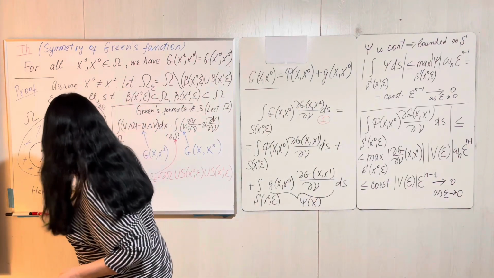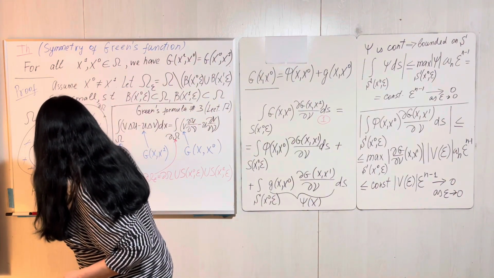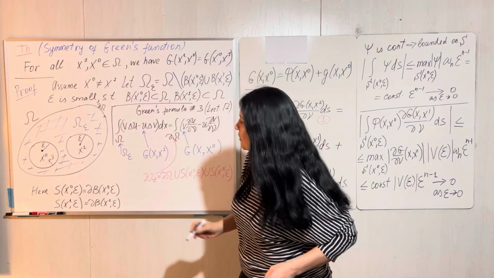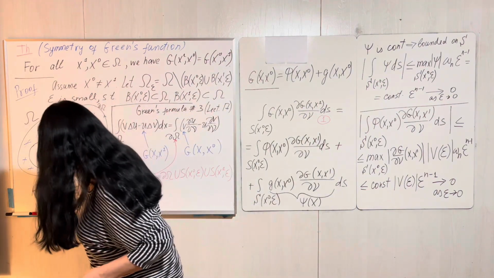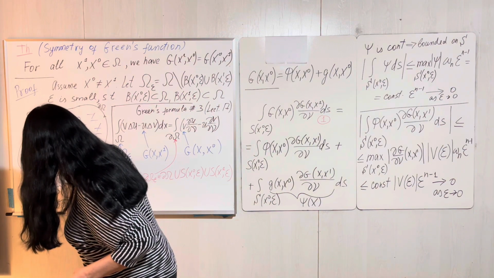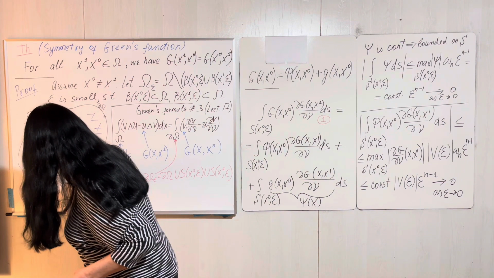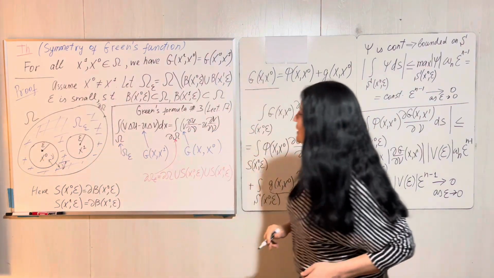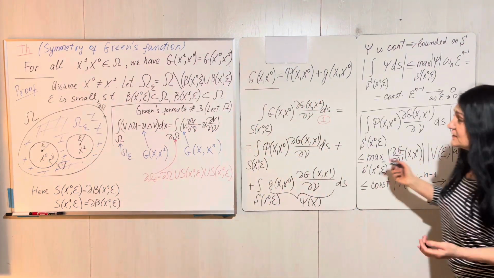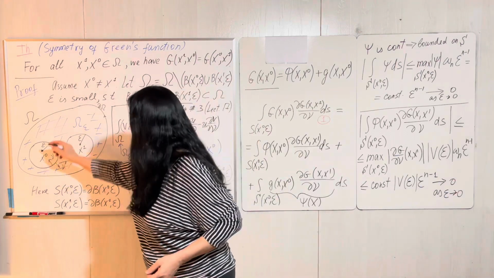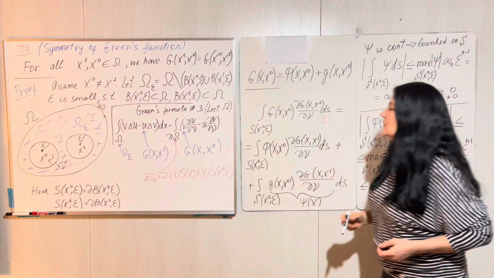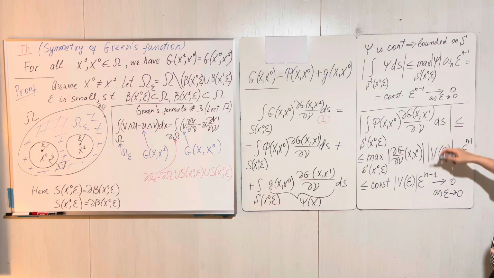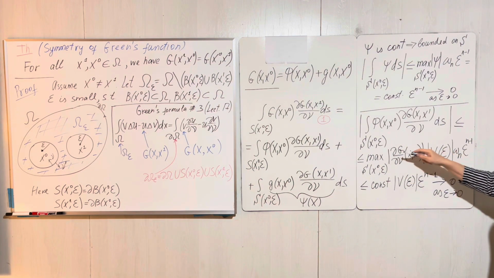If we want to talk about this ball, we can introduce the normal at each point and call it nu prime. The derivatives with respect to these two directions differ by a sign, but since we take the absolute value, it doesn't matter.